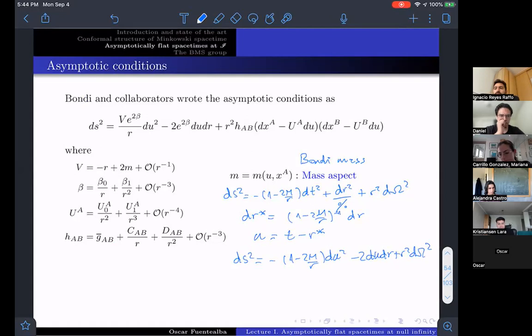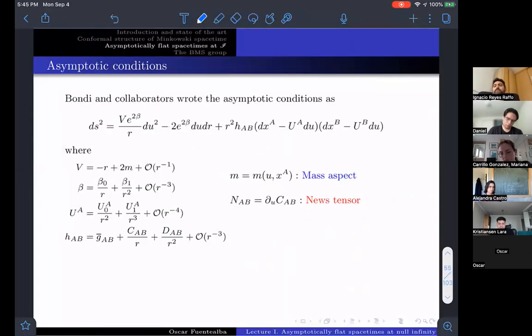And we can read from here that beta is 0, and also that this little m that I show you here is really describing the mass of the Schwarzschild solution. But for an arbitrary metric, this could depend on time and angles in principle.